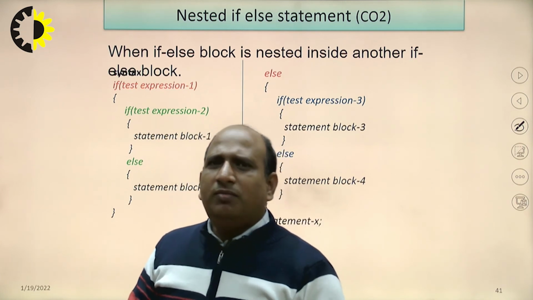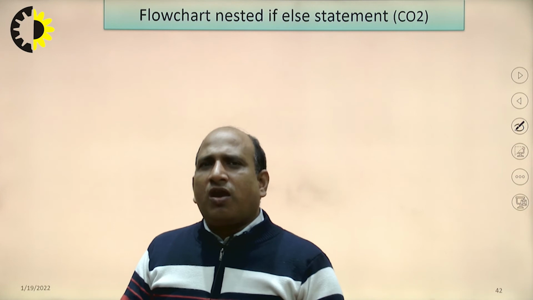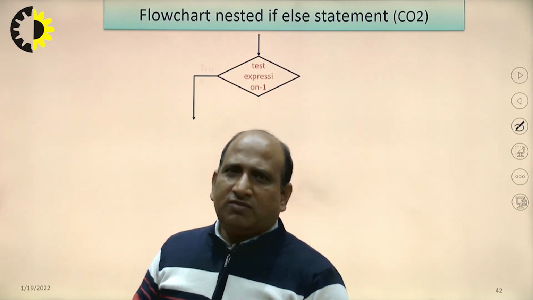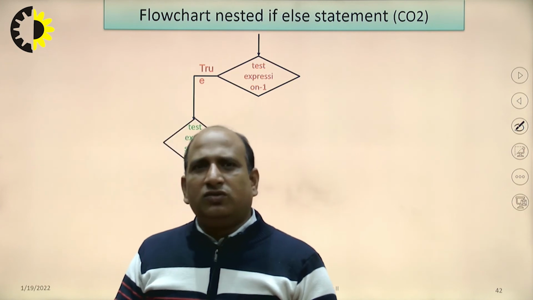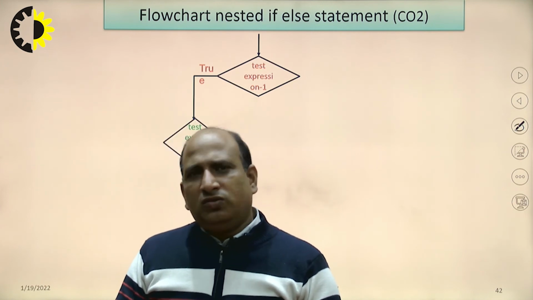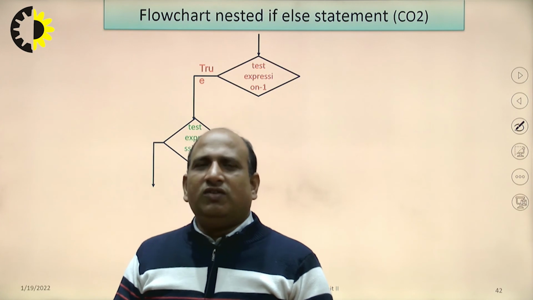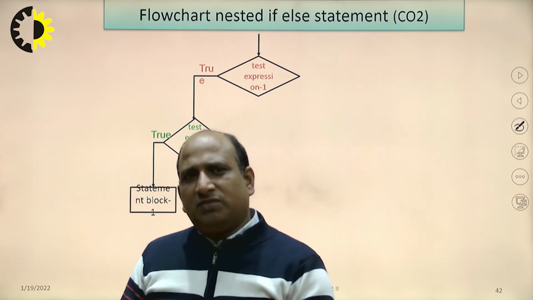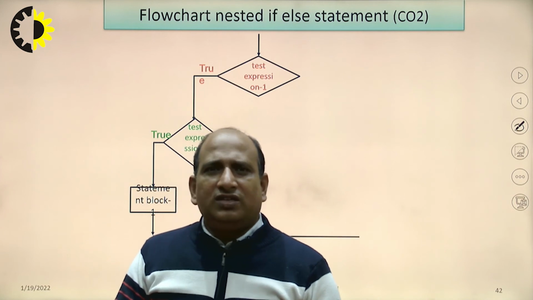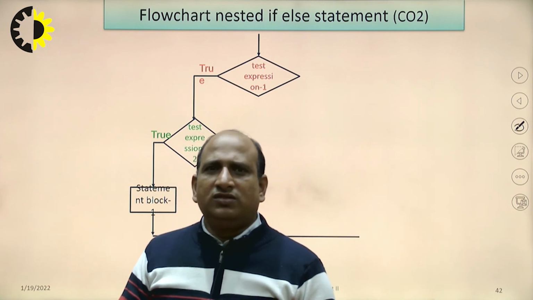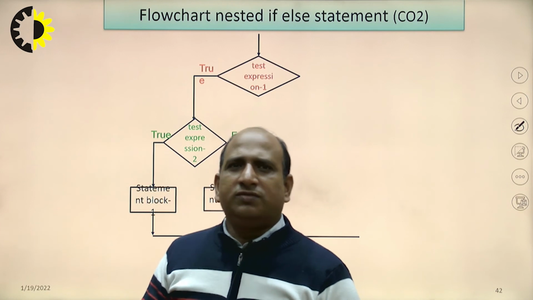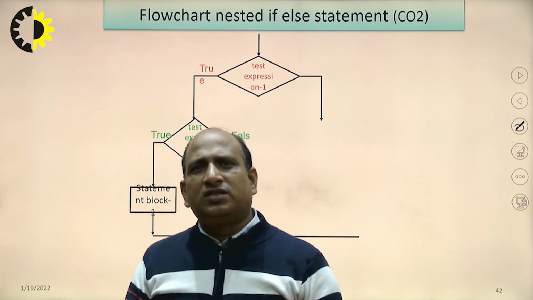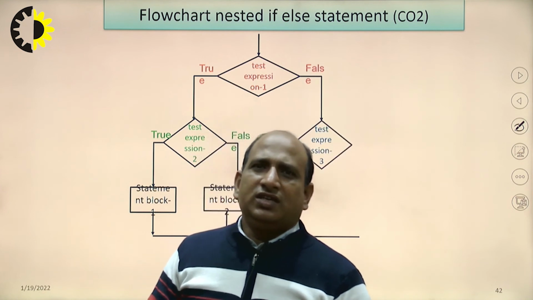Now I have applied this concept, and there is the flow chart for the same. Test expression 1 is evaluated. If it is true, test expression 2 is evaluated. If that is true, statement block 1 executes, otherwise statement block 2 executes. If test expression 1 is false, then we check test expression 3.